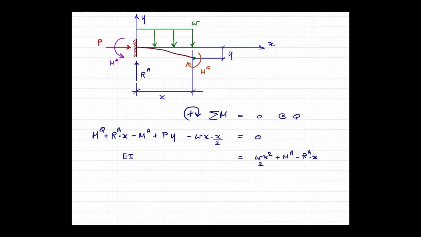The direction of the MQ implies that the curvature is going to be negative, so EI, and then I neutralize the sign, second derivative of y with respect to x.